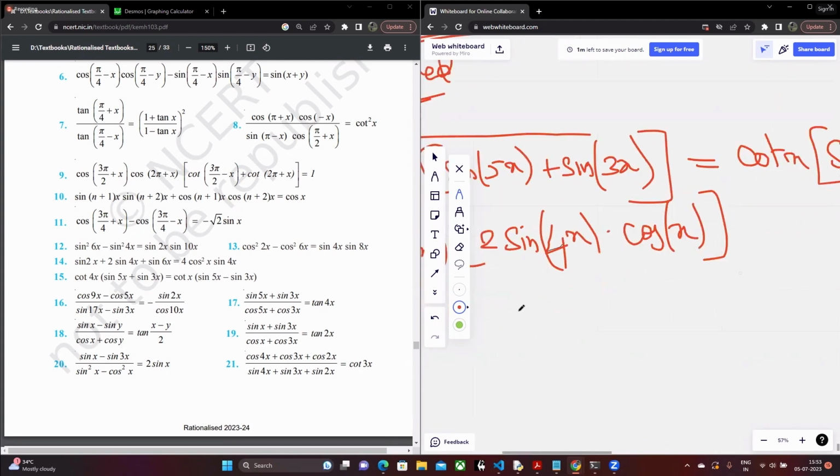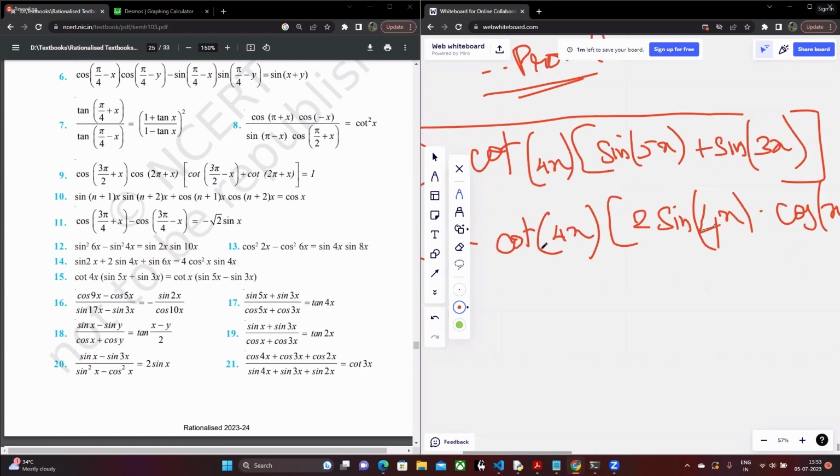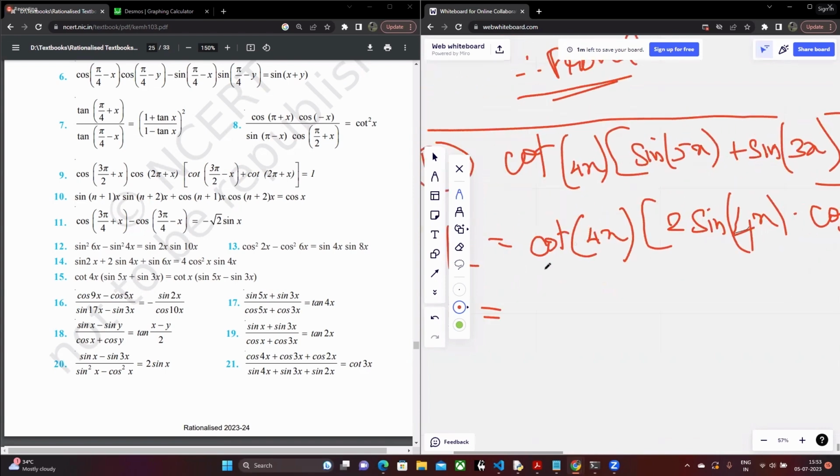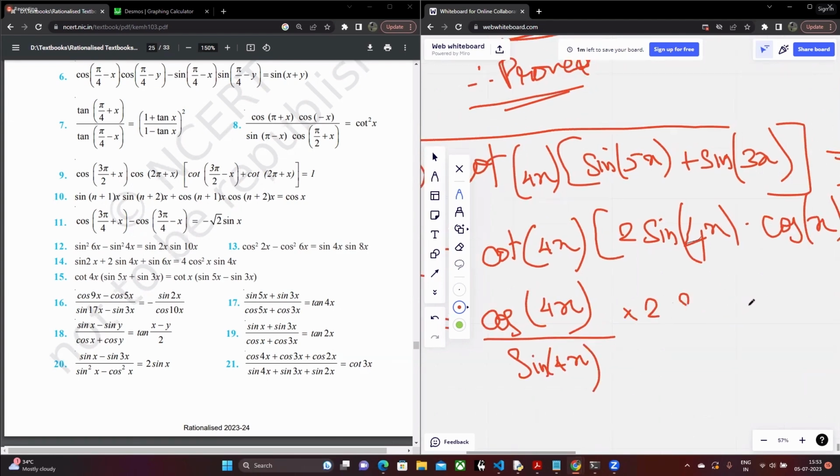Right. So if I remove this cot, I'll basically resubstitute this as cos of 4x divided by sine of 4x, because that is true, right? So this is going to be cos 4x divided by sine 4x into 2 sine of 4x into cos x.